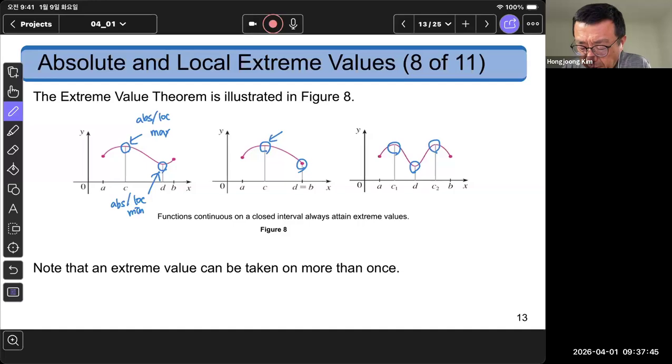Here is an absolute and local maximum, and this is an absolute minimum but not a local minimum.